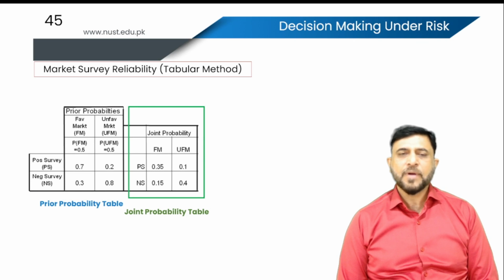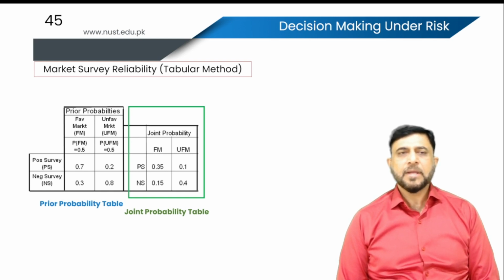The next step is to find the joint probabilities table. How to find the joint probability table? You just have to multiply with the independent probabilities of favorable market and unfavorable market.